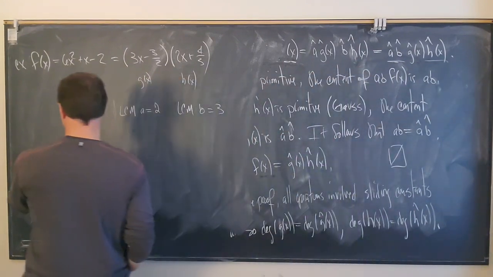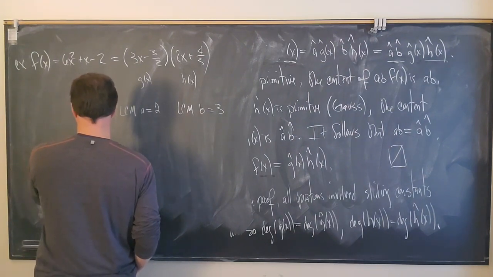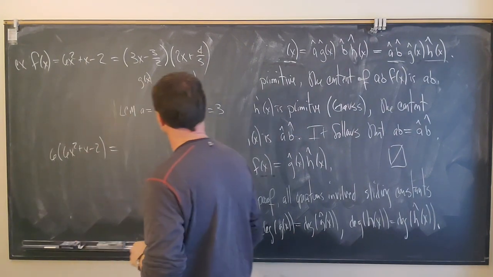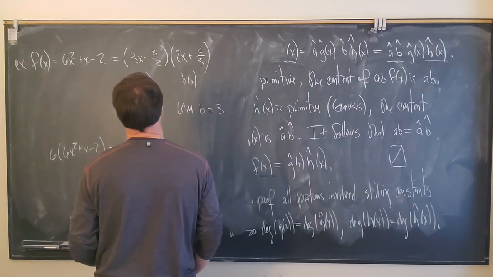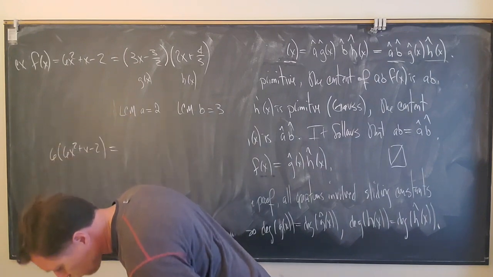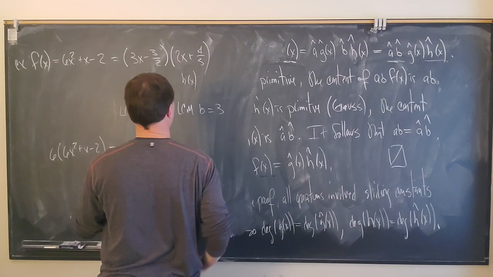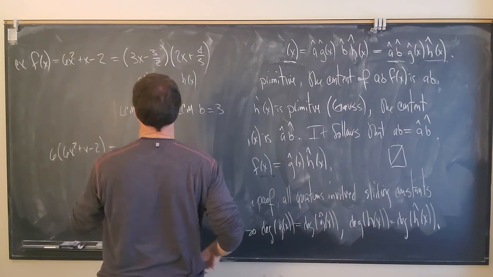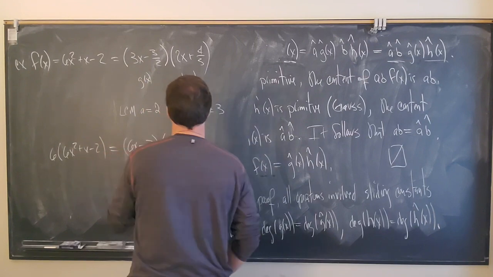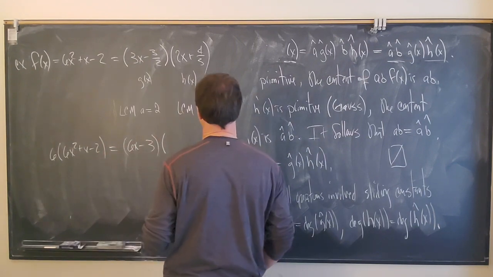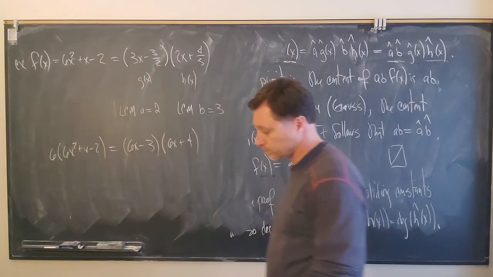So I'm going to have 6 times 6x squared plus x minus 2 equals, and then I'll do it separately, multiply this one by 2. So a times g of x is going to be 6x minus 3. And b times h of x is going to be 6x plus 4.